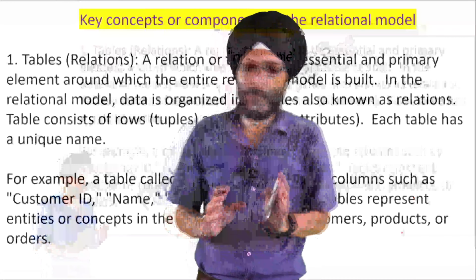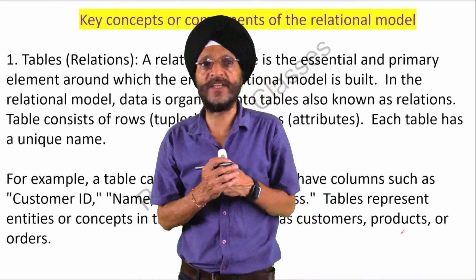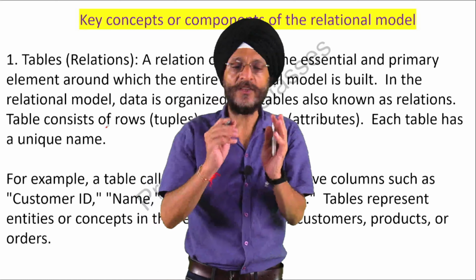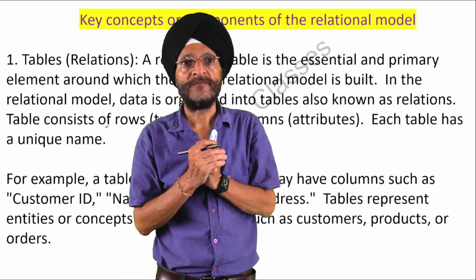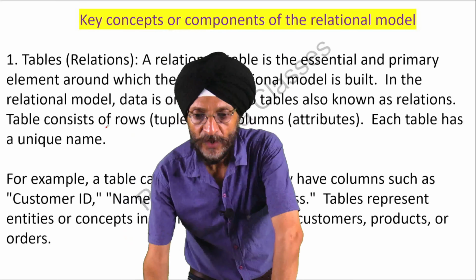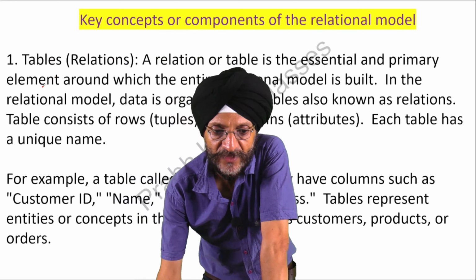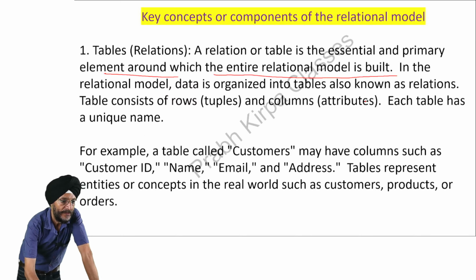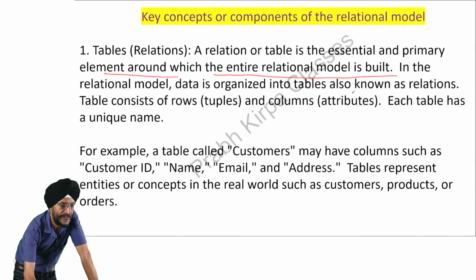Now the key components or key concepts of the relational model. First is tables. Tables are also known as relations. It is the essential and primary element around which the entire relational model is built. In the relational model, data is organized into tables known as relations. A table consists of rows and columns.